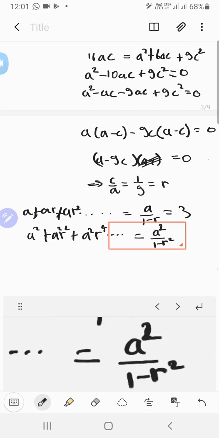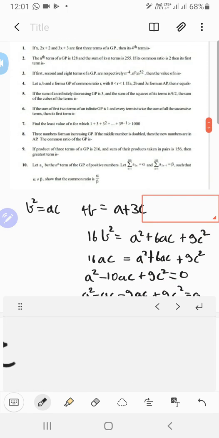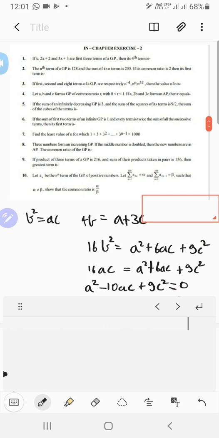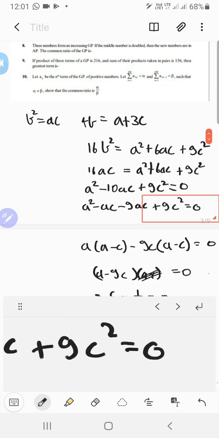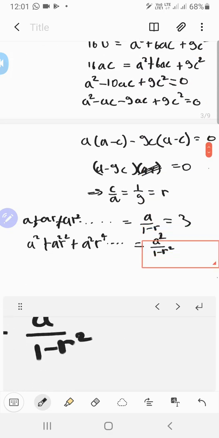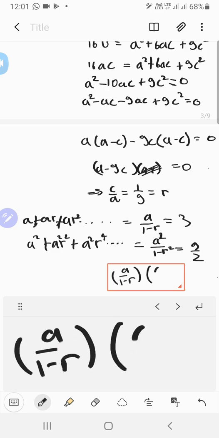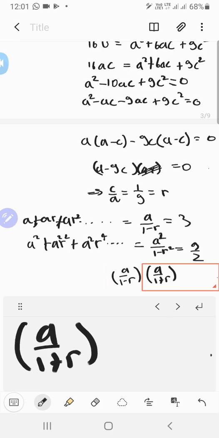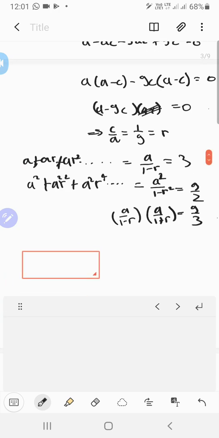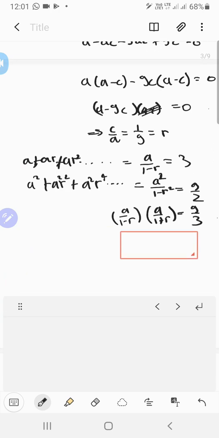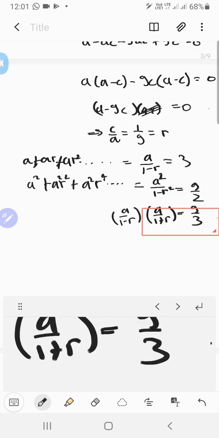And this is going to be 9 by 2. That's nice. So we can just factor this out. We can say that a upon 1 minus r into a upon 1 plus r is equal to 9 by 2. So from that we can say that 3 times, wait, sorry, this is supposed to be 9 by 2.